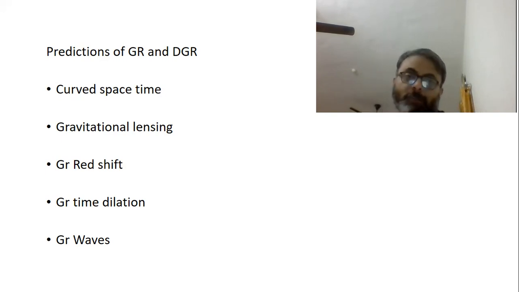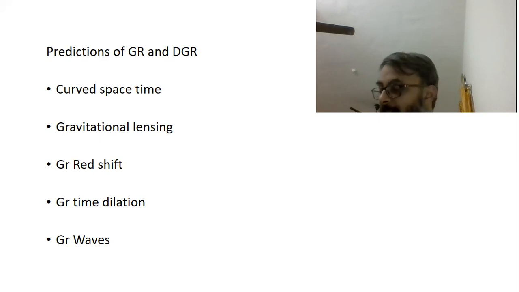So dynamic general relativity has almost the same predictions as general relativity. Now in gravitational waves, there is a small difference. In general relativity, there is only one type of gravitational wave, which travels with the speed of light, and which is the one that causes the effect of gravity.